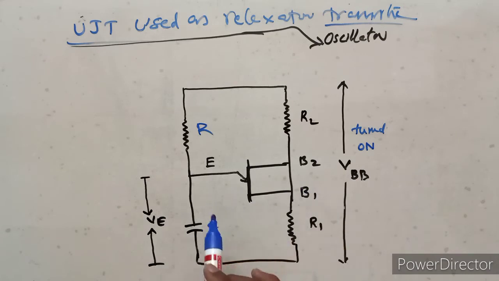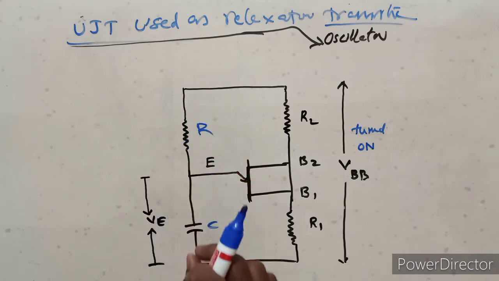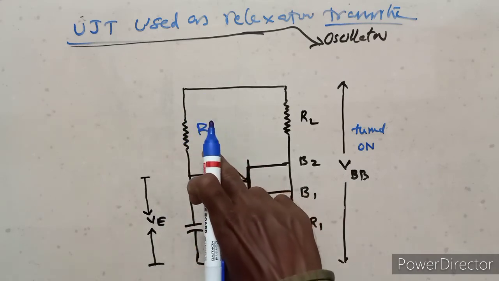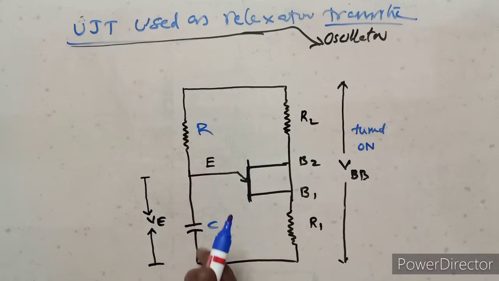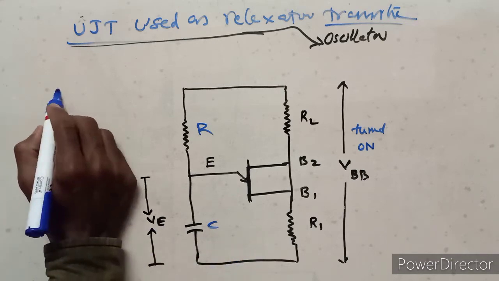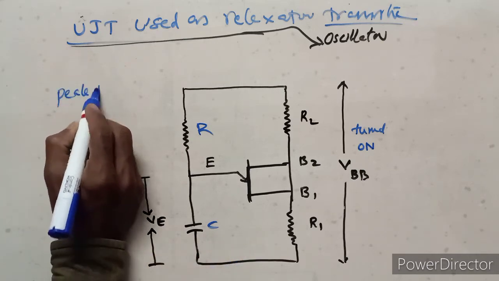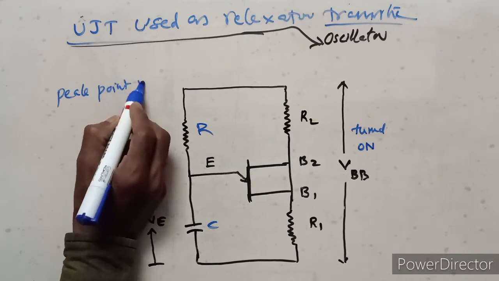Next, during the charging period, the voltage across the capacitor rises and reaches the peak point voltage.